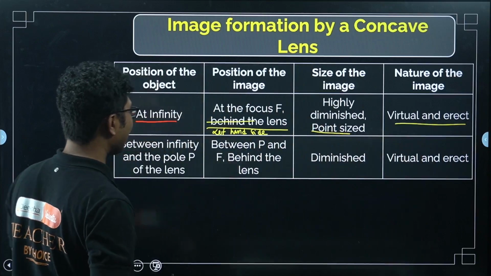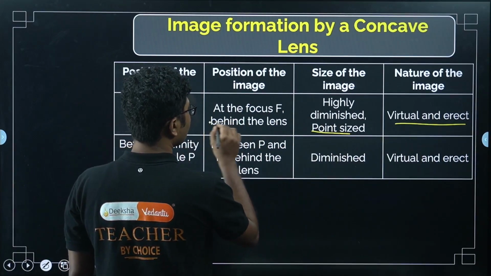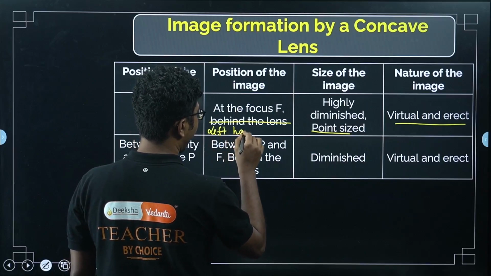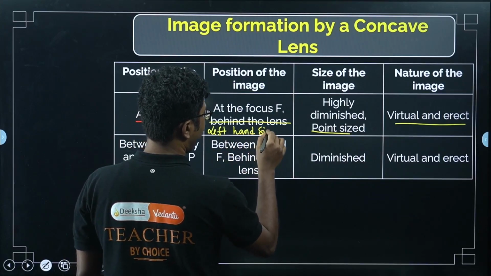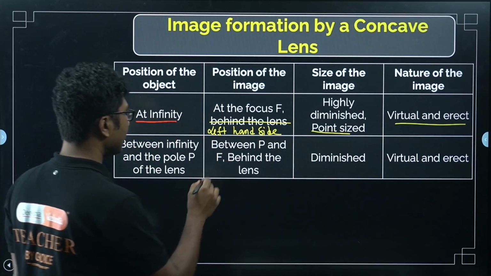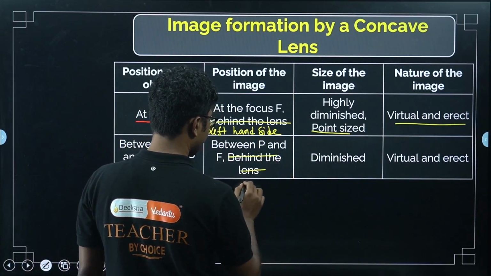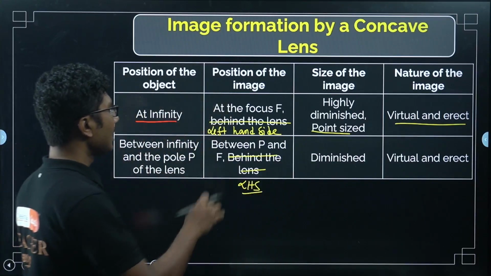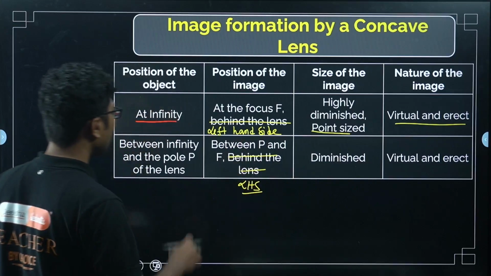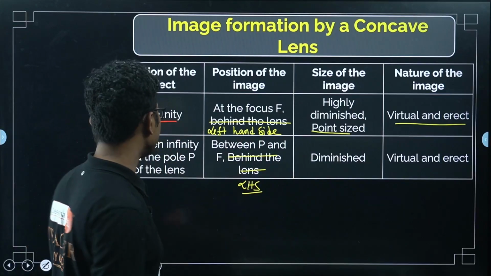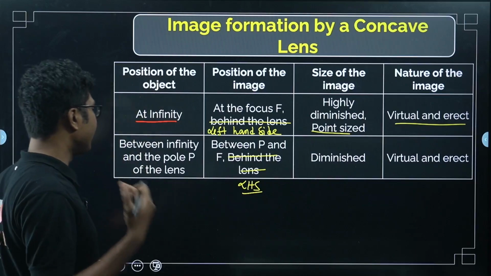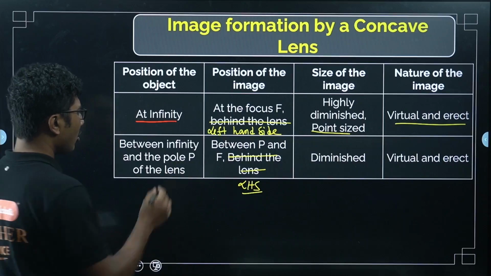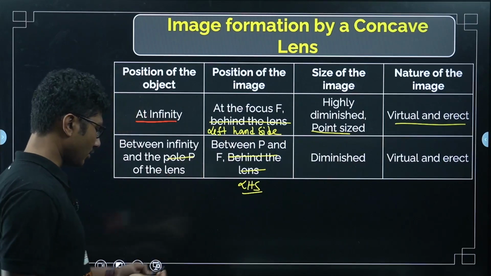Between P and F, this is not behind the lens, this is LHS, I am simply writing in short. So left hand side of the lens, between P and F, you will get a diminished, virtual and erect image. When the object is located between infinity and the pole of the lens, you can say pole or optical center, you can mention optical center as well.